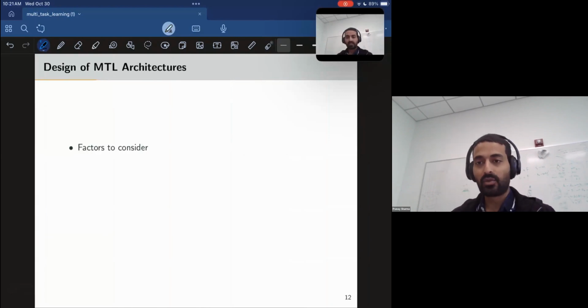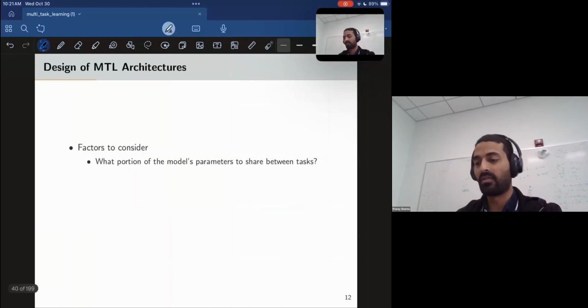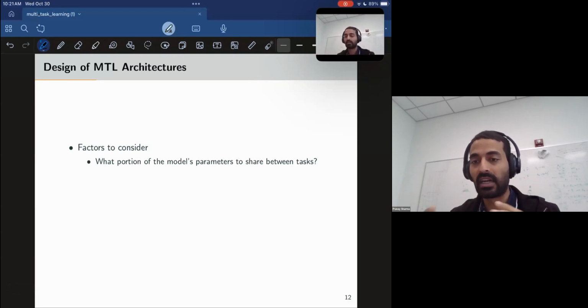So what are the factors to consider when you design a multitask learning architecture? Given your model, which of the model parameters do you want to share between tasks? Recall there has to be some relation between tasks, so we want to share some parameters which capture that structure.